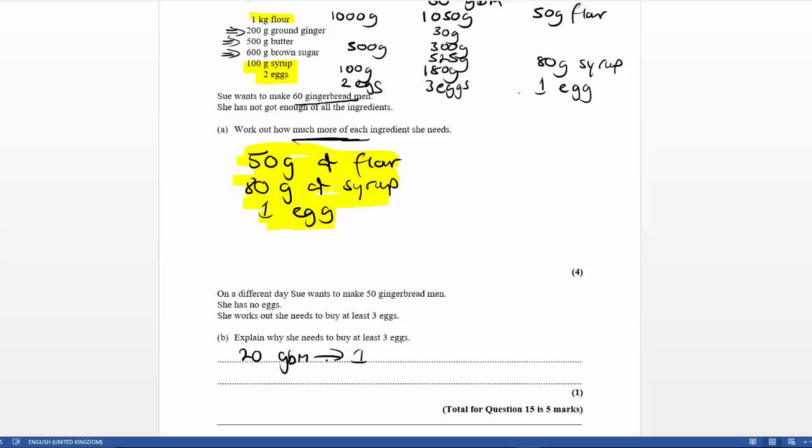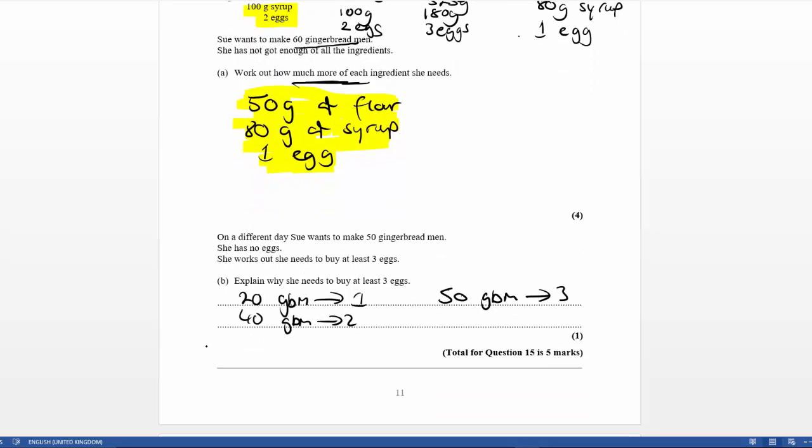So obviously if we're going to make 40 gingerbread men, we're going to need 2 eggs. But we're making more than 40, aren't we? We're making 50. So you're going to need another egg. Very simple. So for 50 gingerbread men, you're going to need at least 3 eggs here.